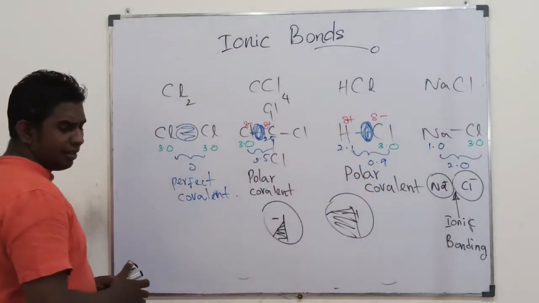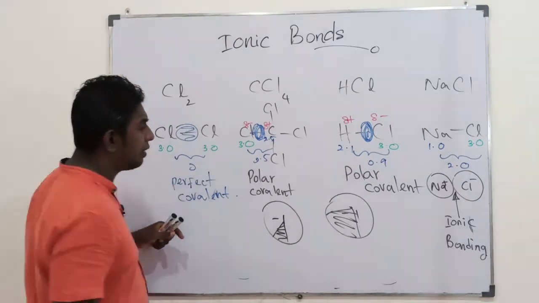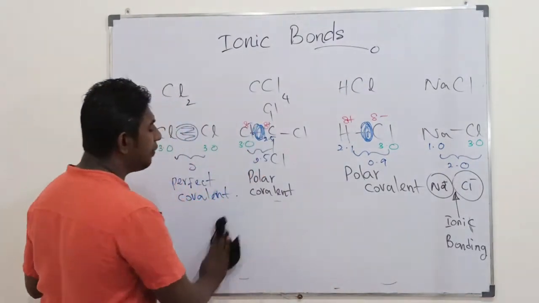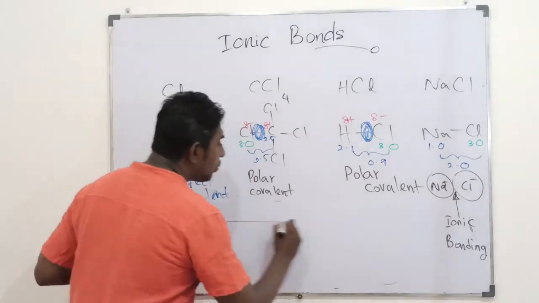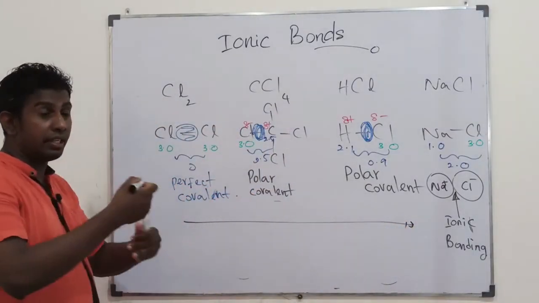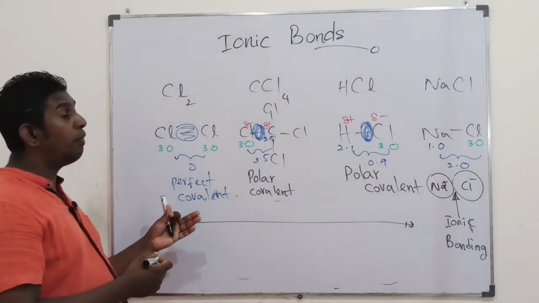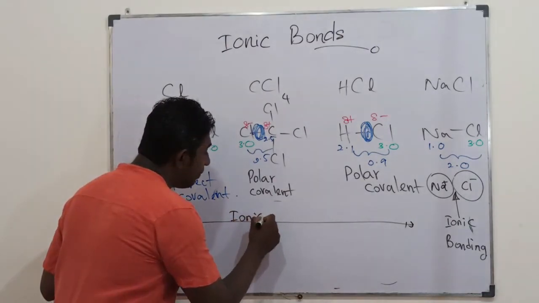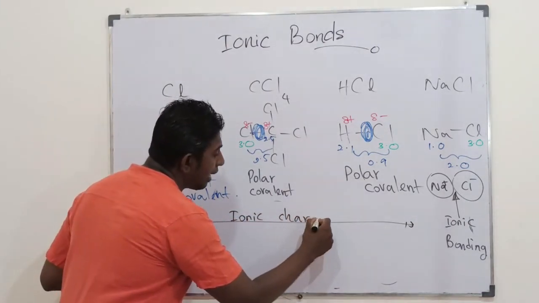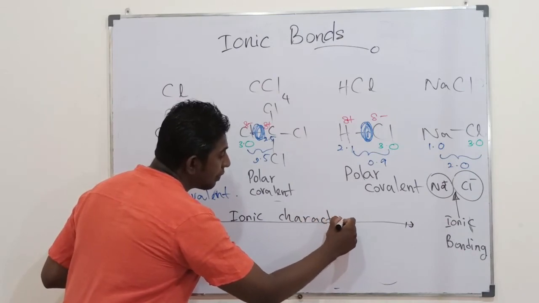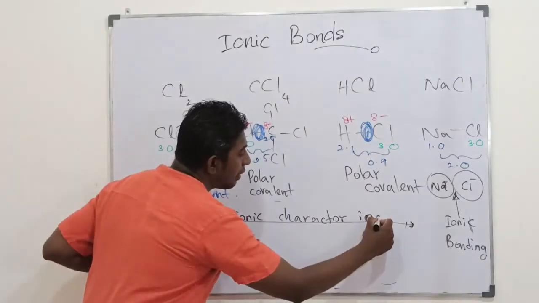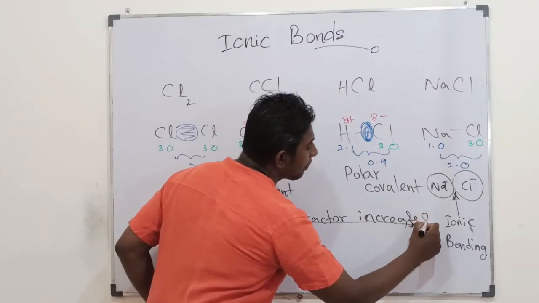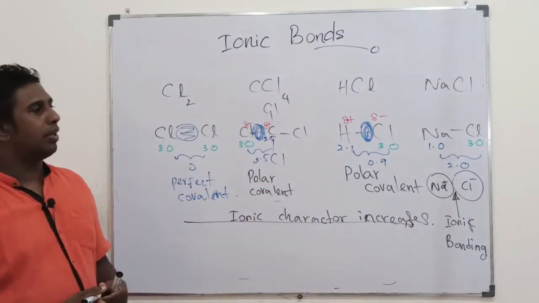So, when it goes left to right, according to these examples, students, with increase of their electronegativity difference, their covalent character decreases and ionic character increases. That's what happens.